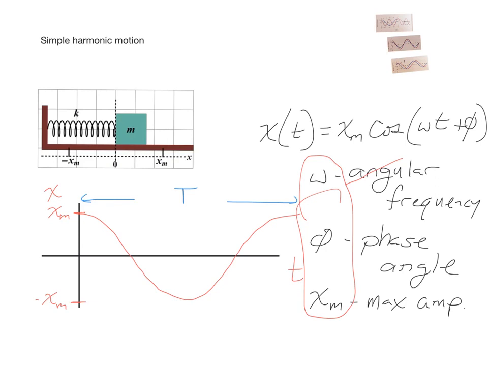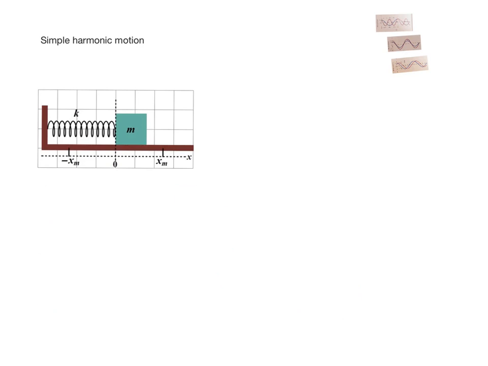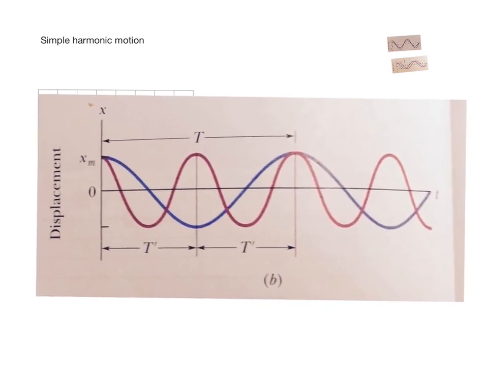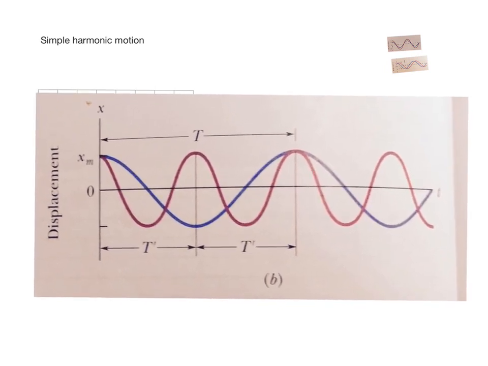Let's look at what happens with these graphs if we change one of those values and compare it to the original. All right, so in this situation, if we say that the blue is the original situation, the red would be if we were able to change the angular frequency so that the period of the blue is from this crest to this crest, but from the red, we're cutting that period in half.